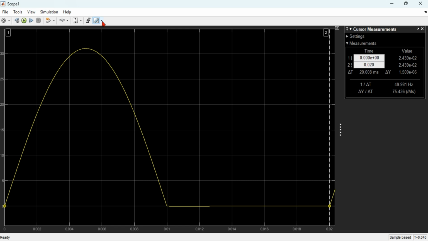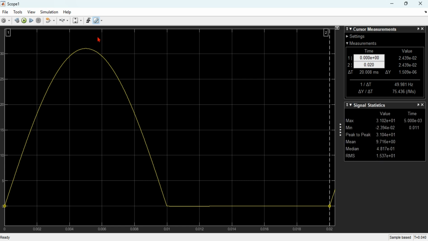Let us now open the signal statistics for the current waveform. Here, we can see the same parameters as before: maximum current, minimum current, peak-to-peak current, mean current, root mean square current.